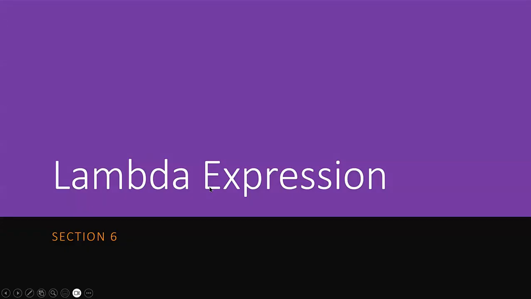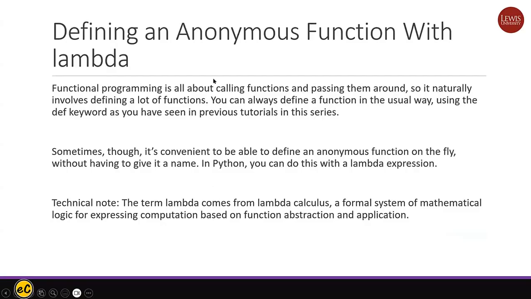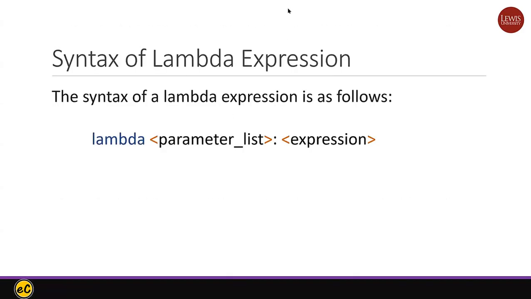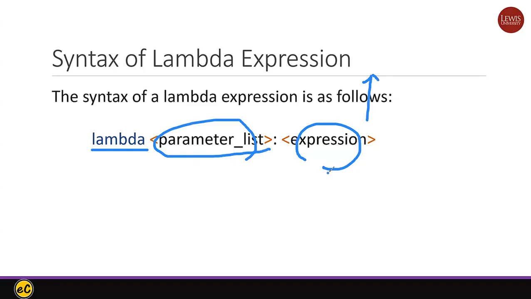Okay, so next one is lambda expression. A lambda expression is a function without a name. So it actually has the lambda keyword, then parameter and an expression. The expression will return a value based on the expression.